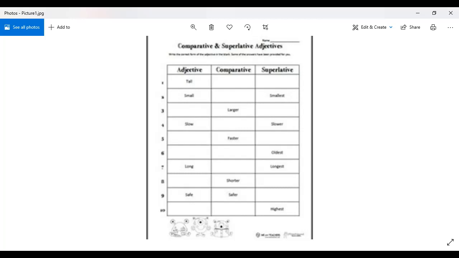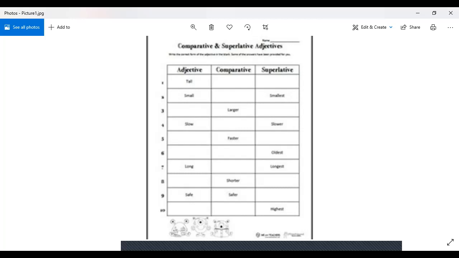Which would be for short? Shorter and shortest. Excellent. Okay, which would be for safe? Safer and safest. Okay, and for high, follow the same rule. Higher and highest.